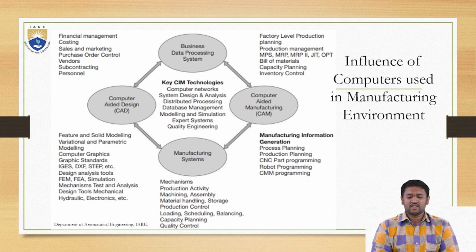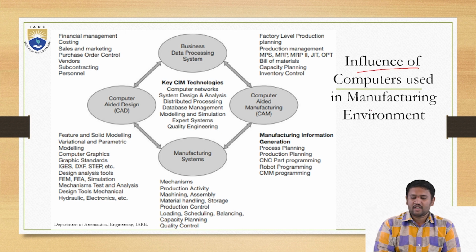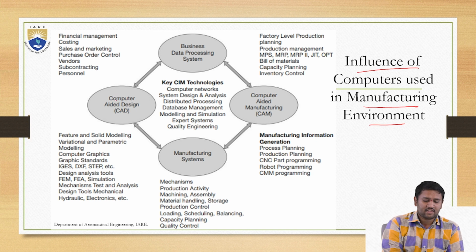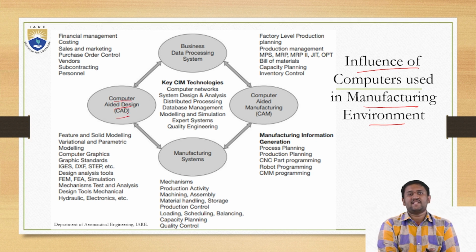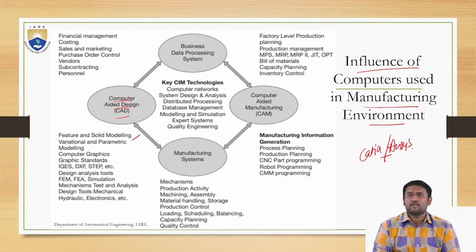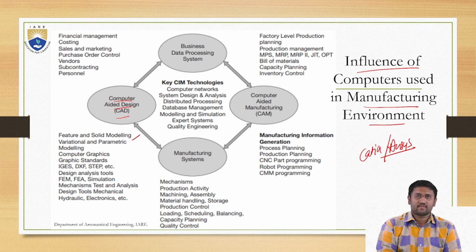And the next, what is the influence under computer manufacturing environment, right? First, we'll start with your computer aided design, right? Basically, this means we are creating features as well as solid models using CAD softwares, particularly CATIA or ANSYS, right? In this modeling software, what we will be doing is basically we'll be creating a solid model, right?